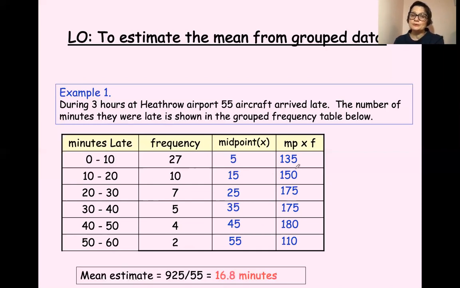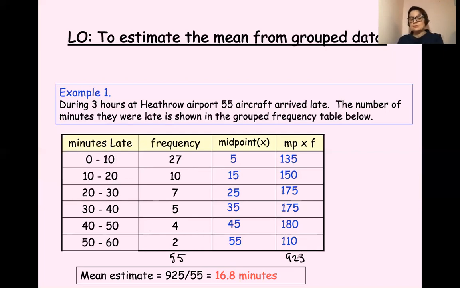And how do you calculate the average now? We find the total of the very last column, and the total of the frequency. The total of the frequency is 55, and the total of the multiplication is 925. This is where misconceptions sometimes arise, because there are so many data on the table, 4 different columns.